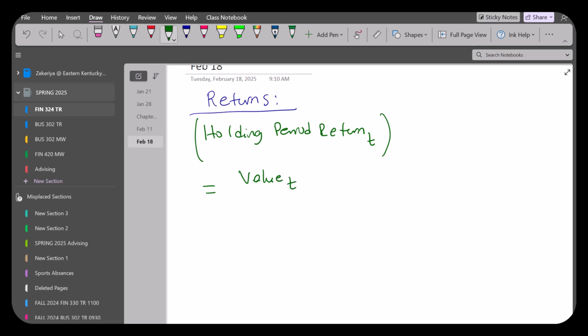Value at T minus value at T minus 1 plus any cash income.